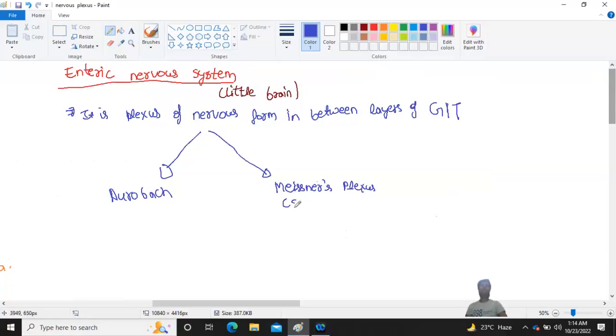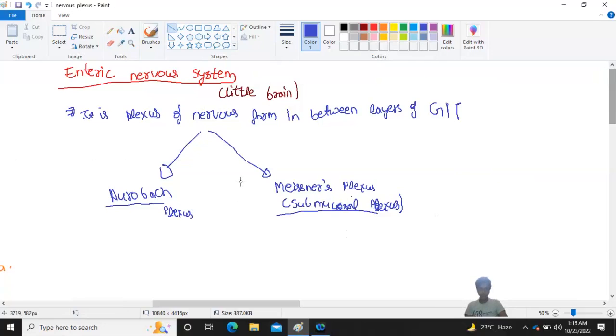This is also called the submucosal plexus, because it is present between the submucosa and circular layer. Mucosal layer, submucosal plexus. Then their role and their position are important.